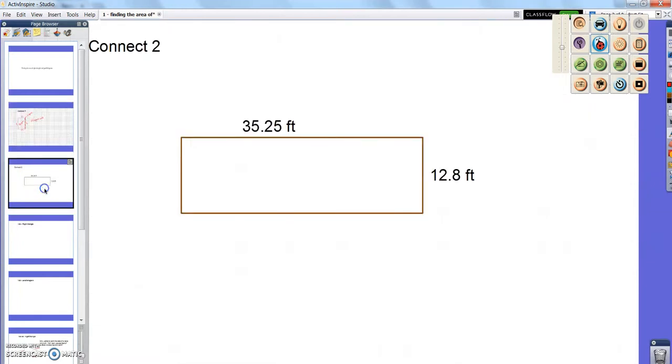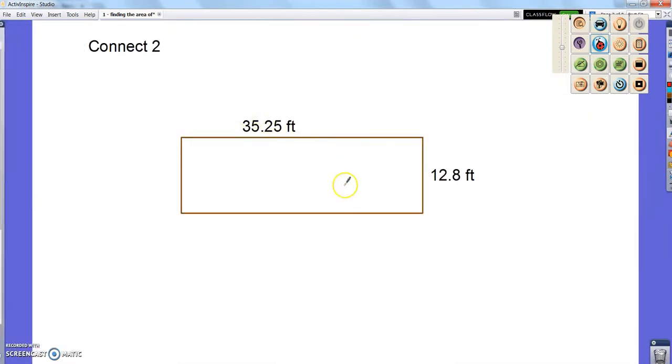Sometimes that got to be inconvenient. If I gave you a rectangle like this and said, find the area of this rectangle, nobody wants to draw 35 and 25 hundredths squares and then 12, and how do you even draw 8/10 of a square and then count all the squares? So we had another way, which was to just use a formula. We wrote the formula 2 ways. One was area equals the length times the width.